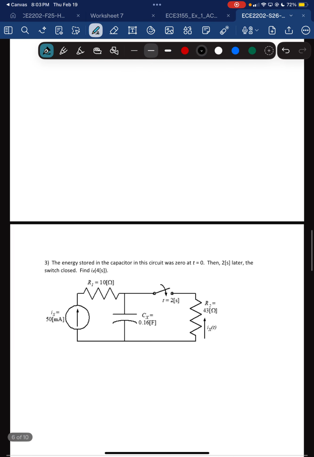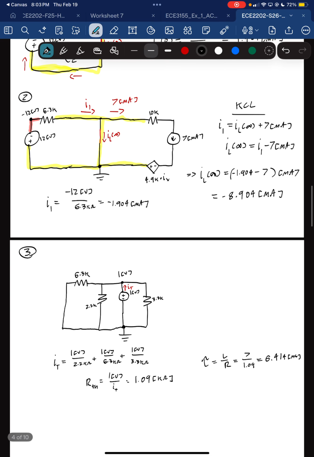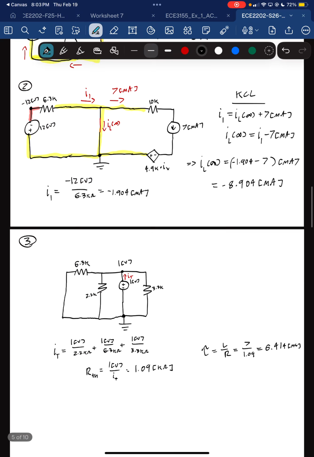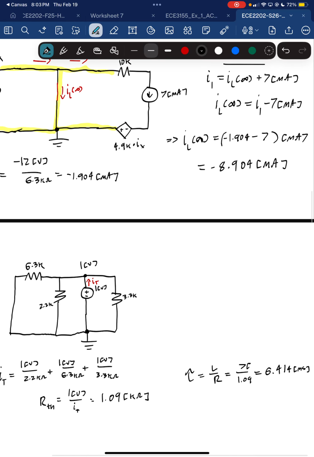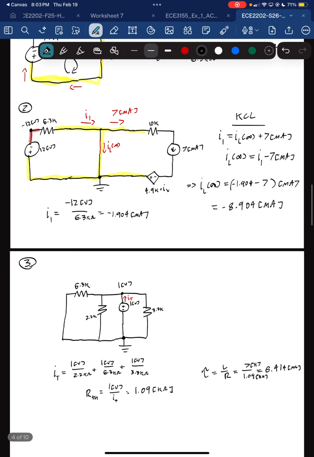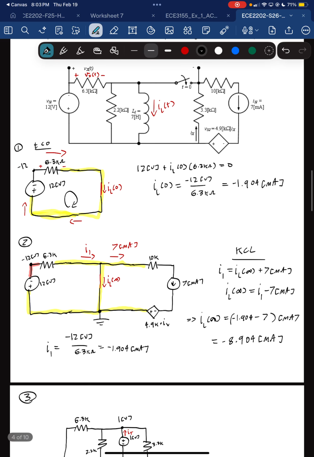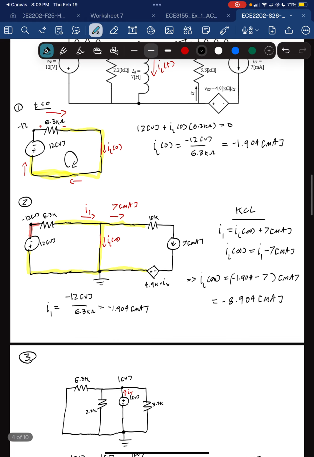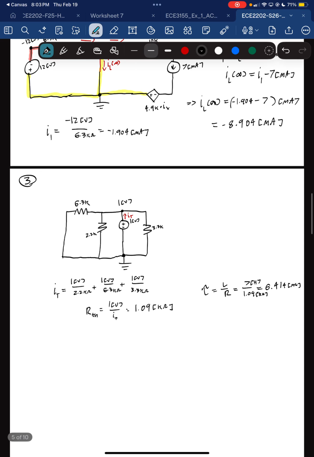Oh, it's a numerical value. Yeah. 6.414 milliseconds. Is that 7 over? Yeah, 7 Henrys over 1.09 kilo ohms. So that's our time constant.